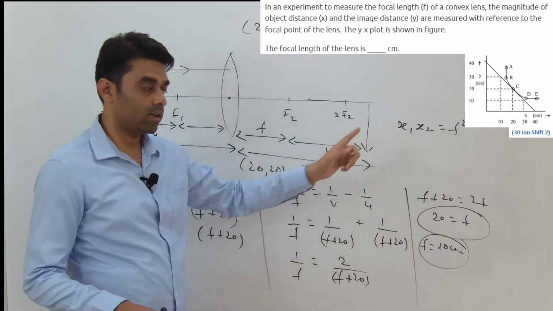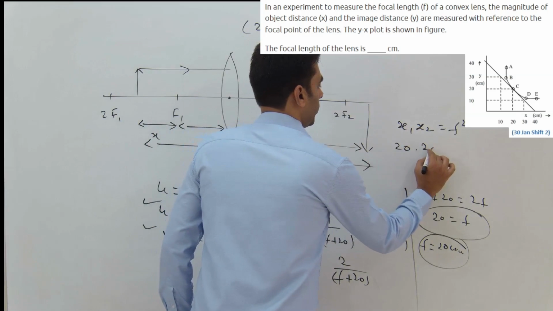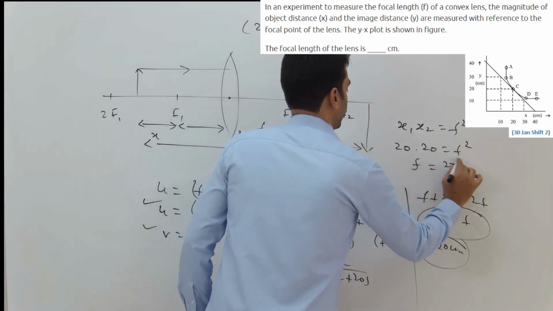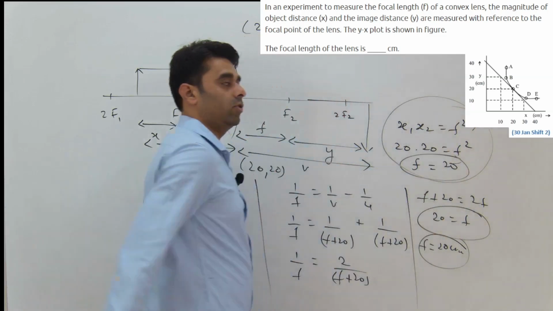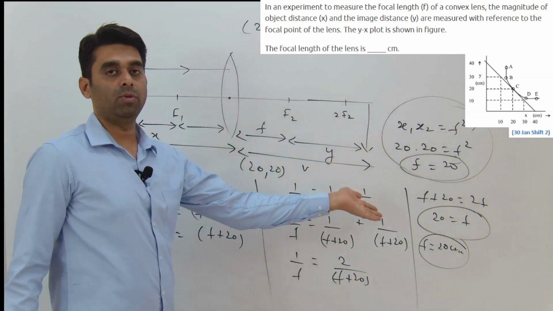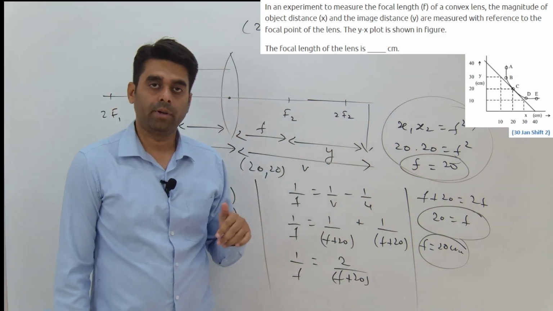Using this relation also we can directly write it. Directly you could have done it in just 3 steps. Otherwise, obviously, we go by our basics. The answer for this will come out to be 20 centimeter. Let us move ahead.